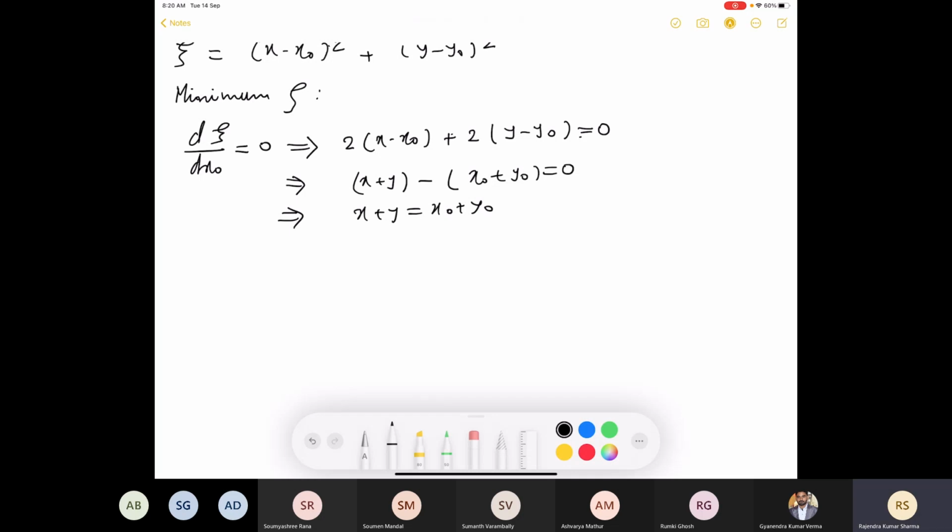So you say that this is, say for example, c. So that will make y naught is c minus x naught.